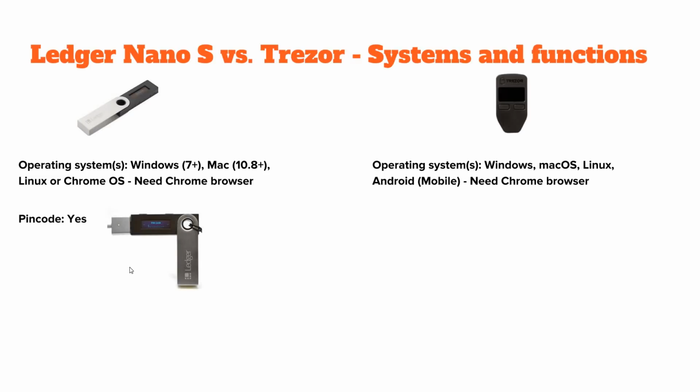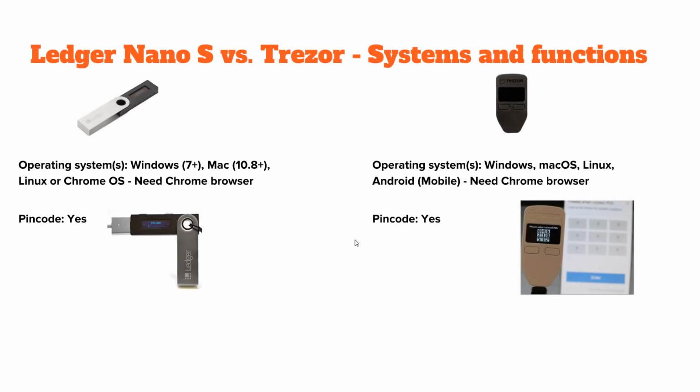For security level, the Nano S has a pin function, as you can see here on the screen, and the Trezor also has a pin function before you get into the wallet. This is to protect you.